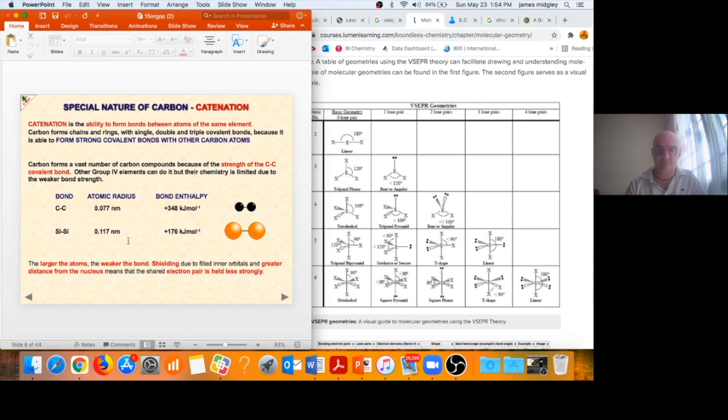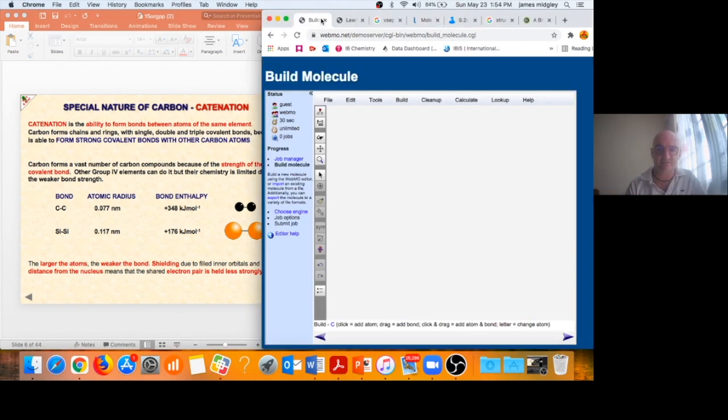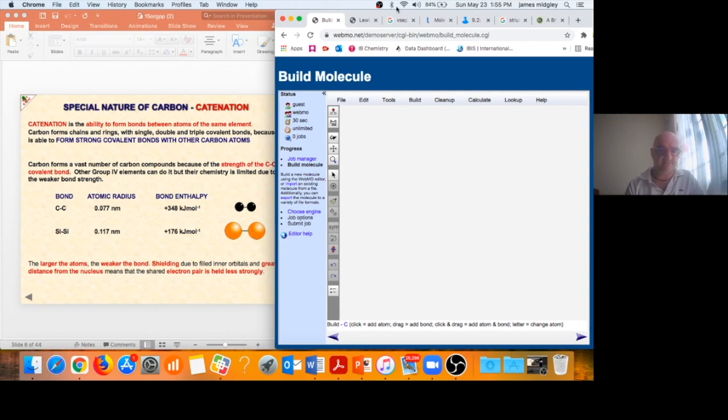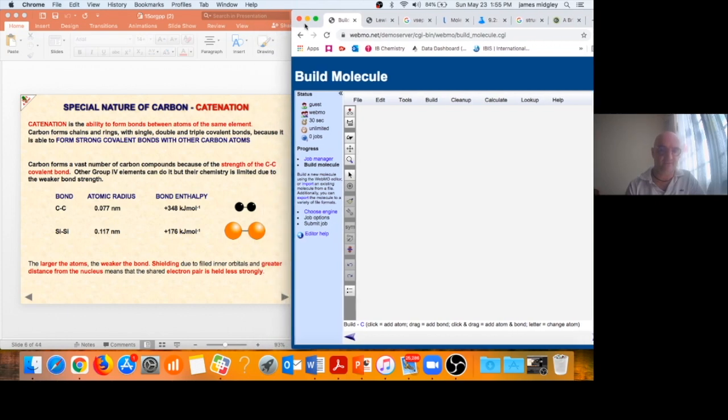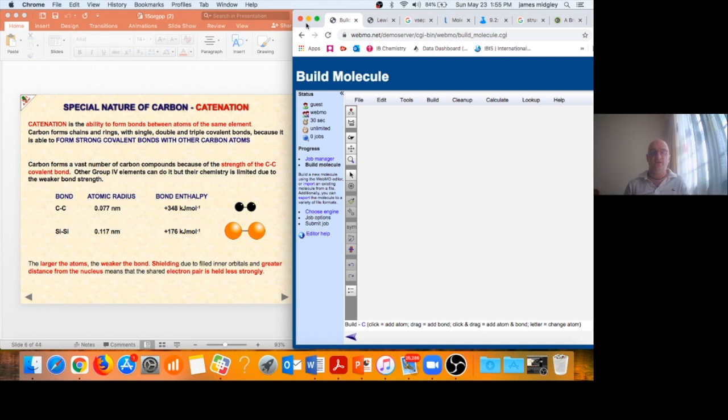So what's important about carbon? Well, carbon is unique in its ability to form stable compounds when bonding with itself in extended networks. You might think, well, in the same group 4, group 14, what about silicon? Well, silicon can do that as well. But look at the bond enthalpy.